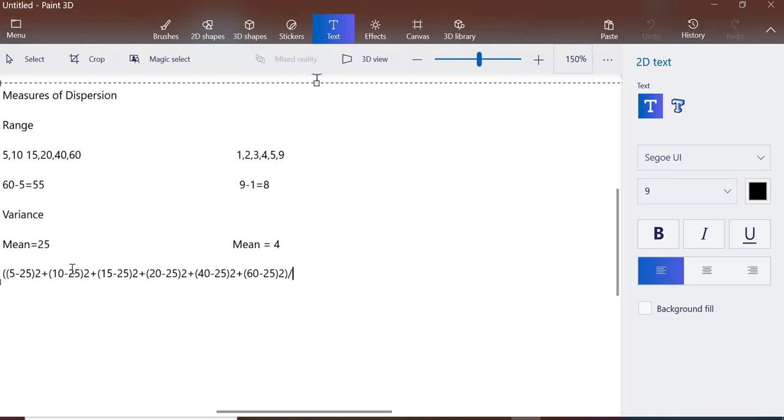Average means we divide by the number of data points.